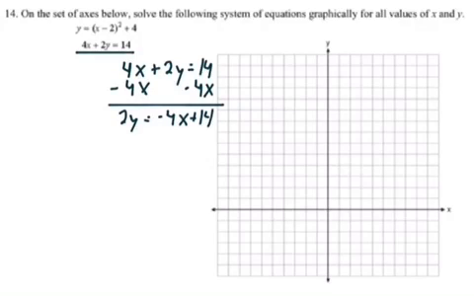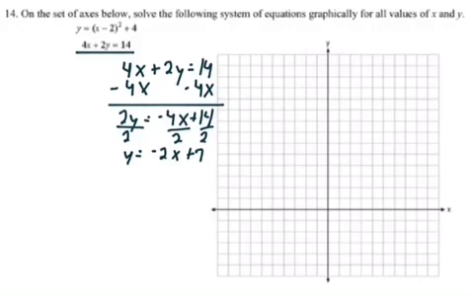Since the 2 is connected to the y by multiplication, the opposite would be division, so divide everything by 2. y equals negative 2x plus 7.